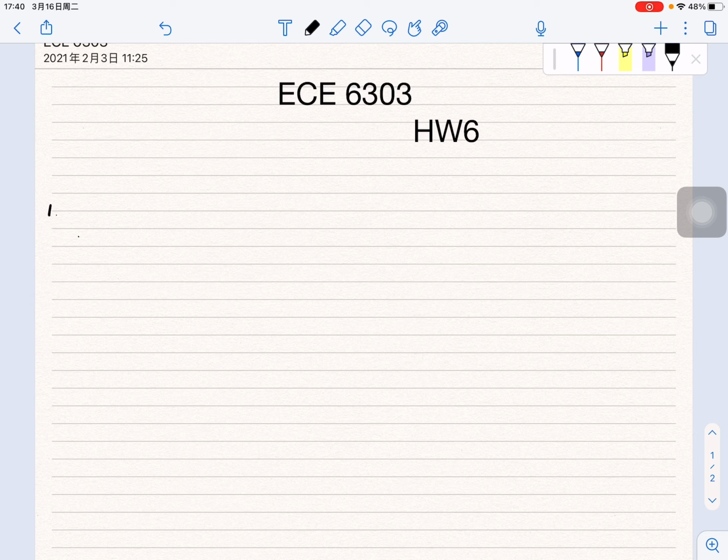First question, we need to find the A to make it a valid joint density function. We know that x is larger than -1 and less than 1, and y is larger than -1 and less than 1. We can calculate the integration of xy dx dy.